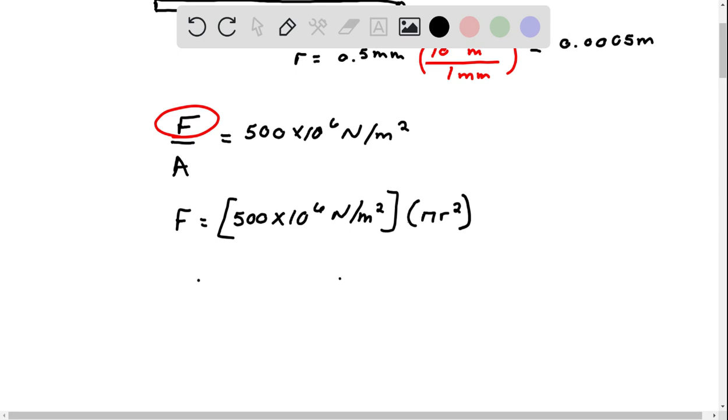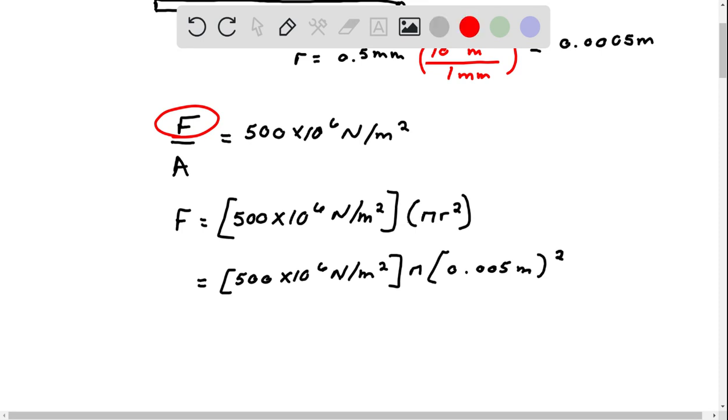Now we have 500 times 10⁶ N/m² times pi times 0.0005 meters squared. If you notice, your meters cancel out, and we get 393 newtons. And that is your answer for A.